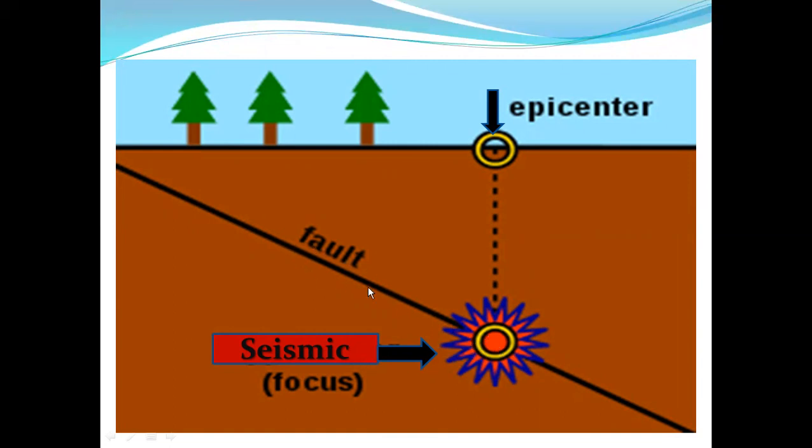This is the fault line in the earth which separates the rocks, and this is the epicenter that is located on the surface of the earth. So in this way, an earthquake occurs.